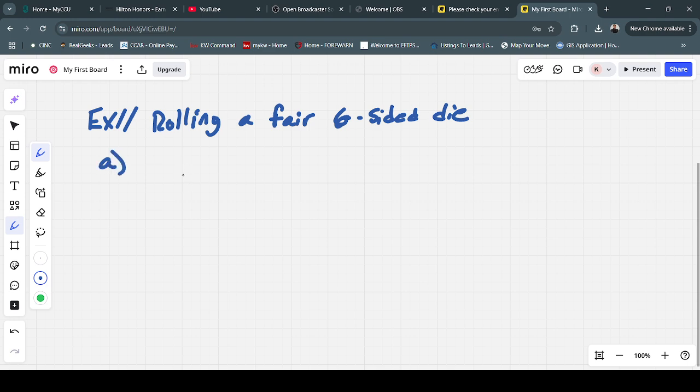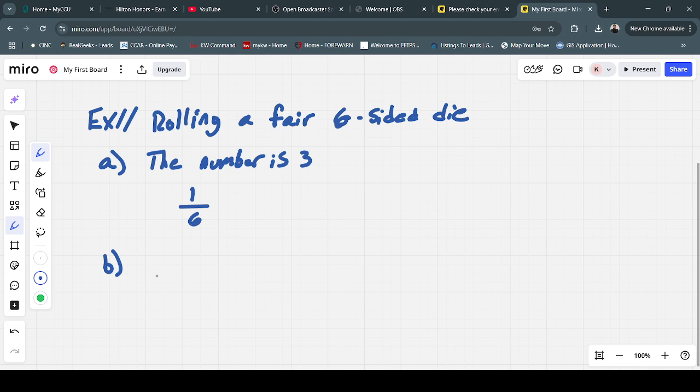A: let's say the number is 3. What's the probability of getting a 3 on a 6-sided die? We think about it and go, how many 3s are there? There's 1 out of how many total options? There's 6. That's the probability of getting a 3. Pretty easy. You did some stuff like that before.